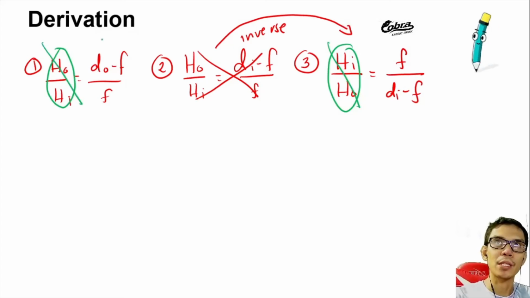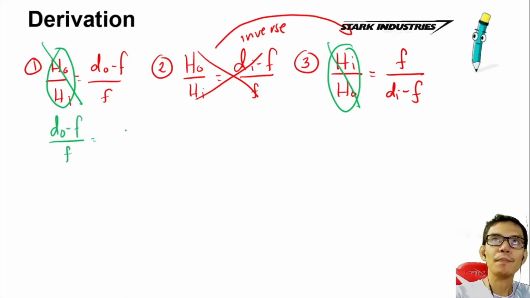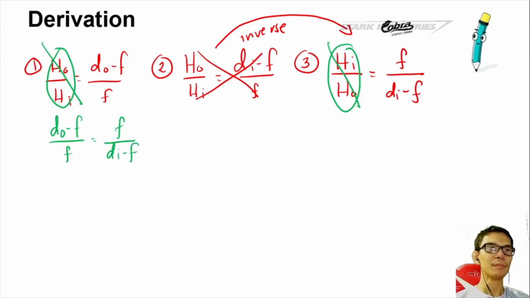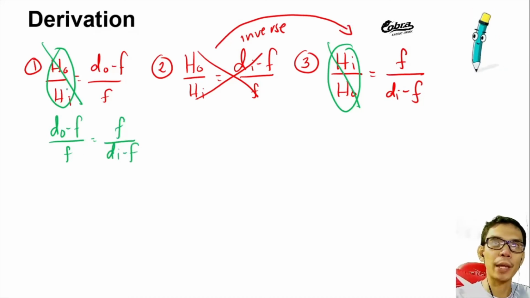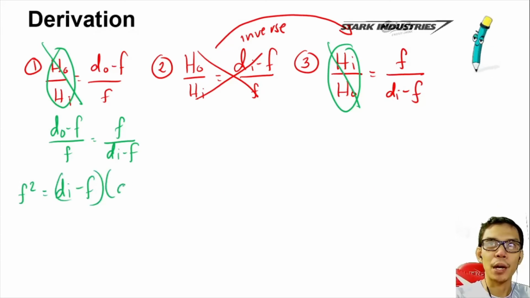So we can cancel this one out and come up with this formula. Then cross multiply. So f squared is equal to d sub I minus f times d sub O minus f.